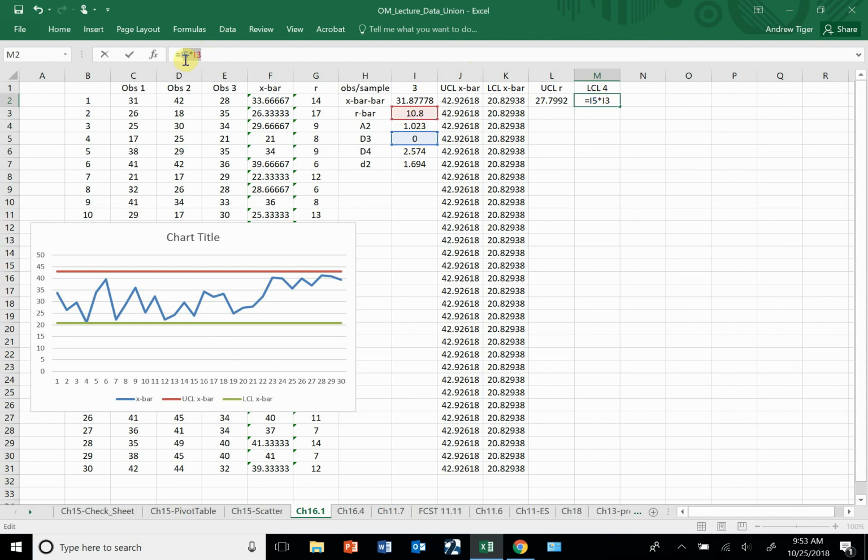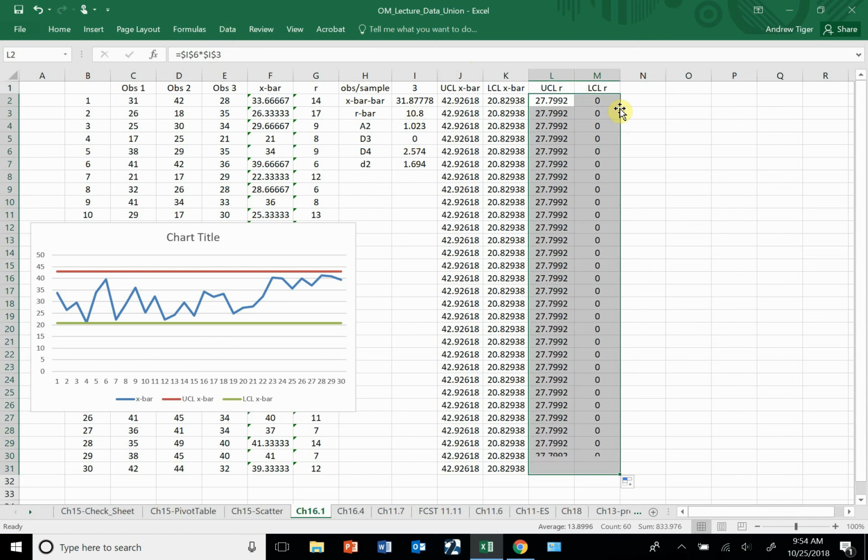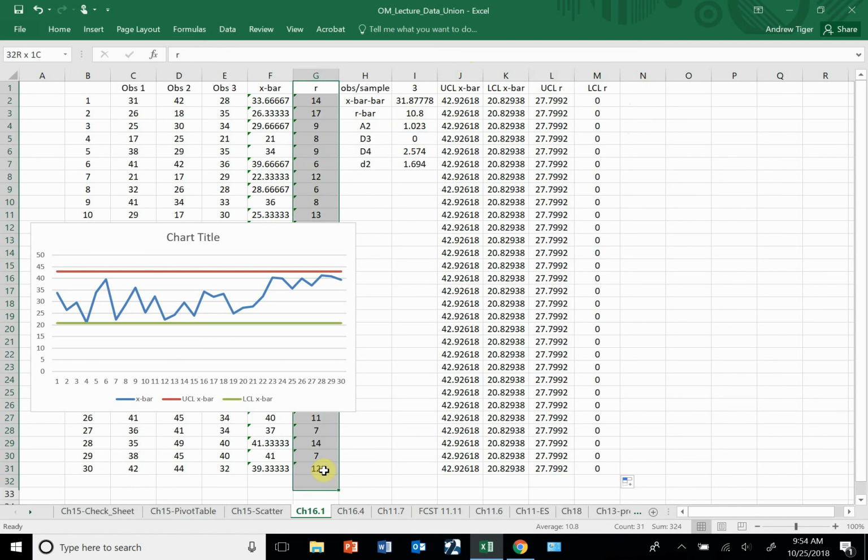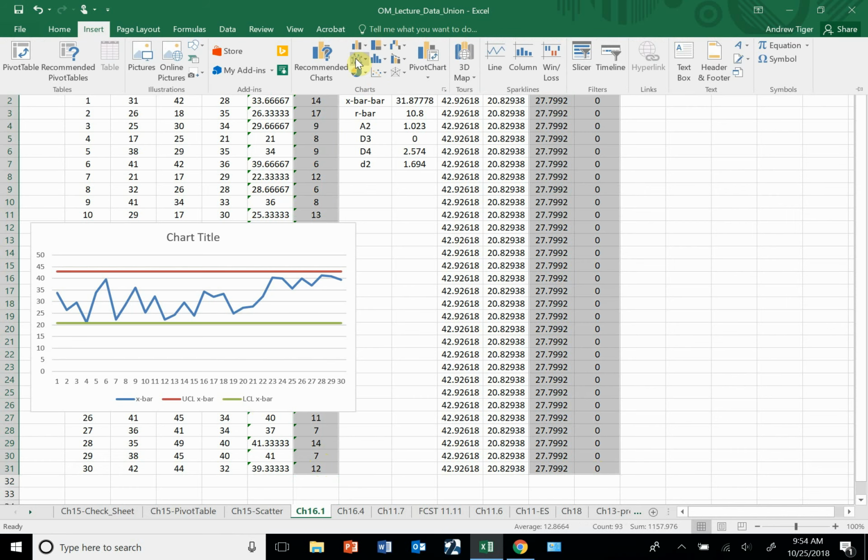Again, a formula in the book. Grab those, copy them down, and then grab your R's and your control limits. Build another line chart.